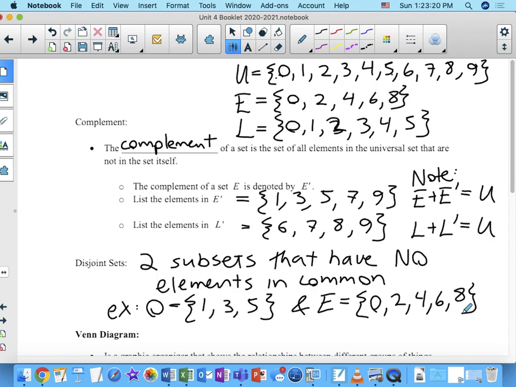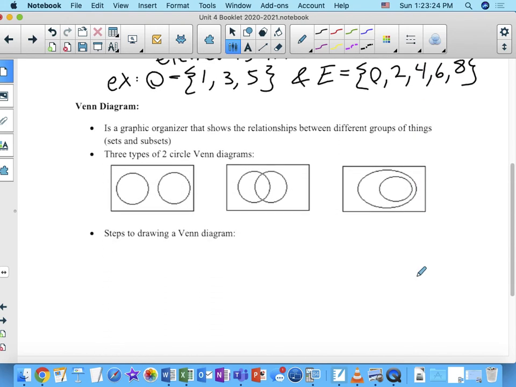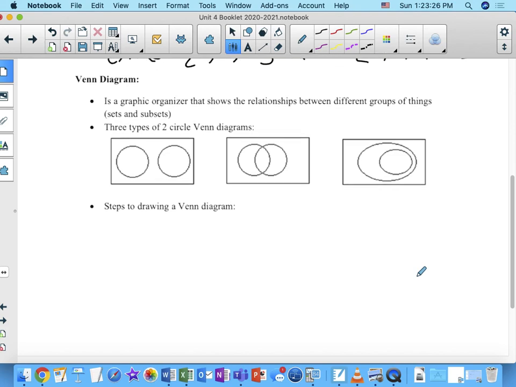All right. Now, back to this Venn diagram. Okay. A Venn diagram is basically a graphic organizer or a visual organizer that shows relationships between different groups of sets and subsets. And when you have a universal set with two subsets, then there are three different situations that can go on.